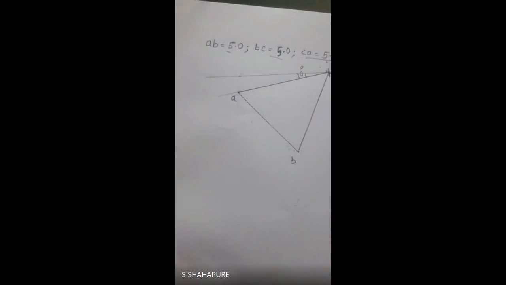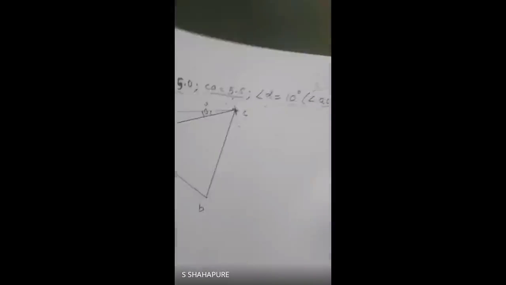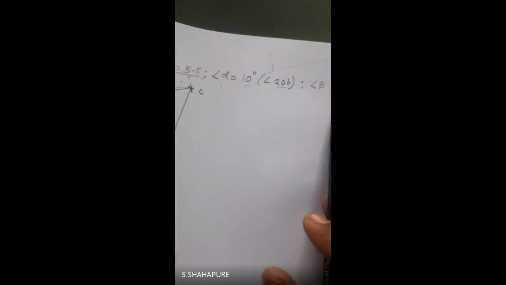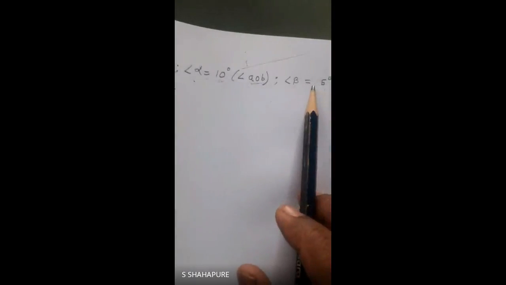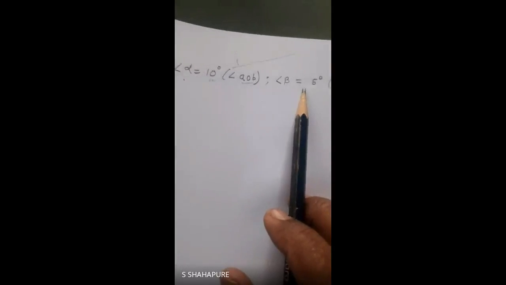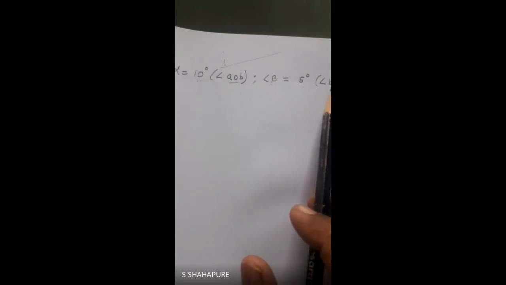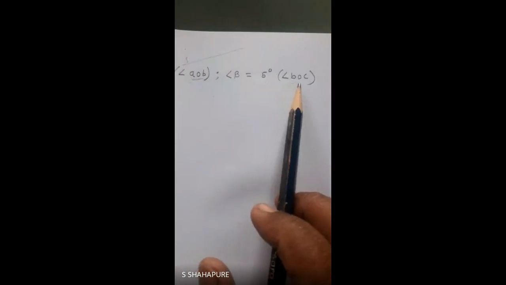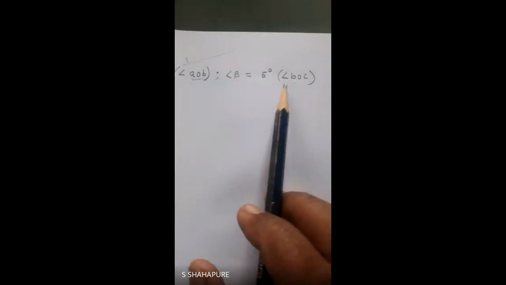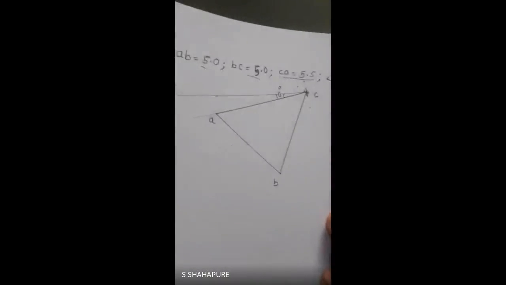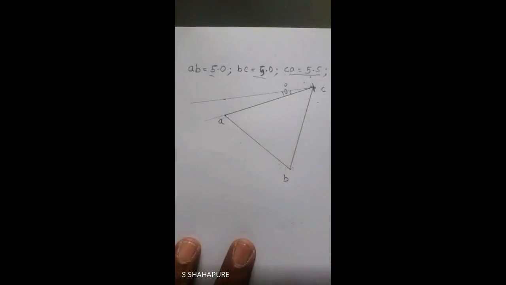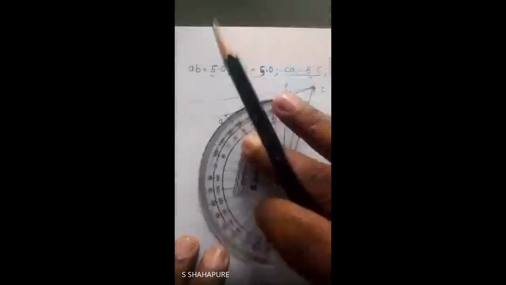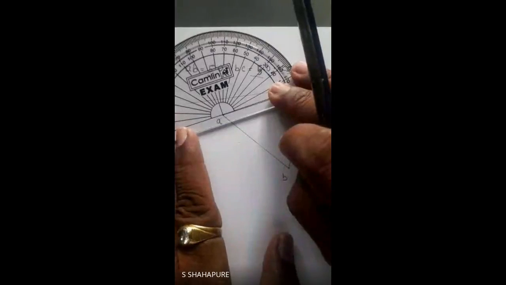Now the next angle, that is angle beta, 5 degrees, measured between B and C, BOC. So you have to make this 5-degree angle at A like this.